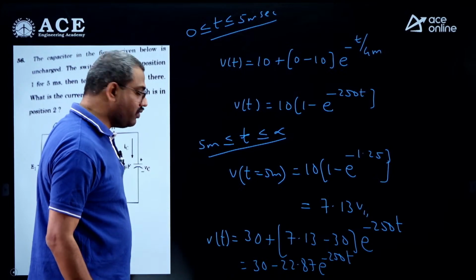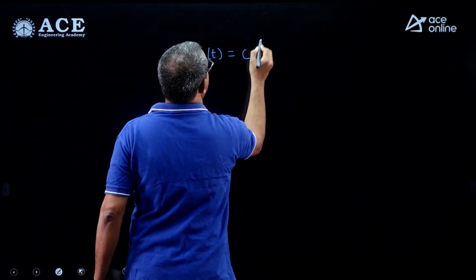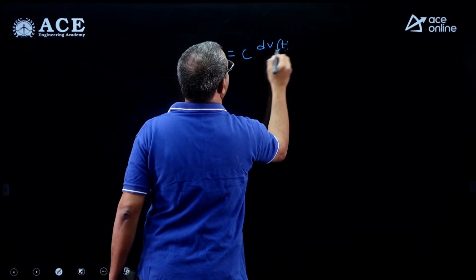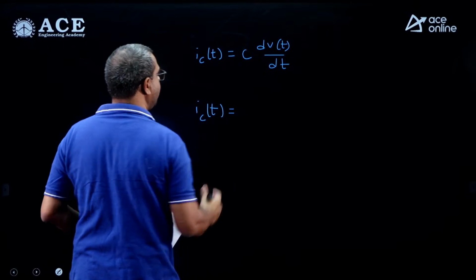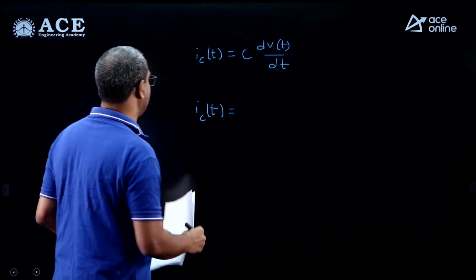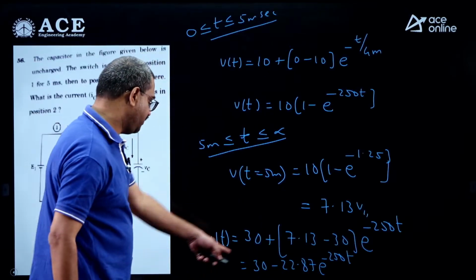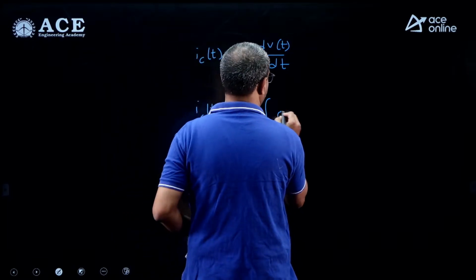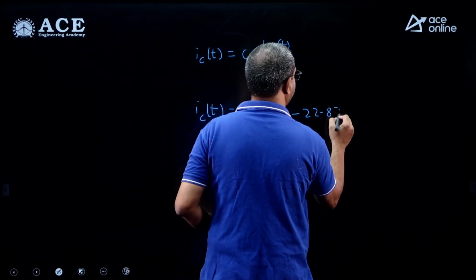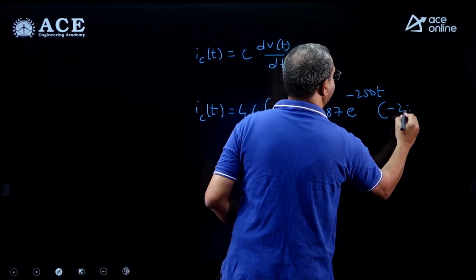Then what about current? You will write I_C of t is C dV by dt. What is the C value he gave? C value is 4 micro. So 4 micro into the differentiation of this. Differentiation of constant is 0, minus 22.87 e power minus 250 t into minus 250.